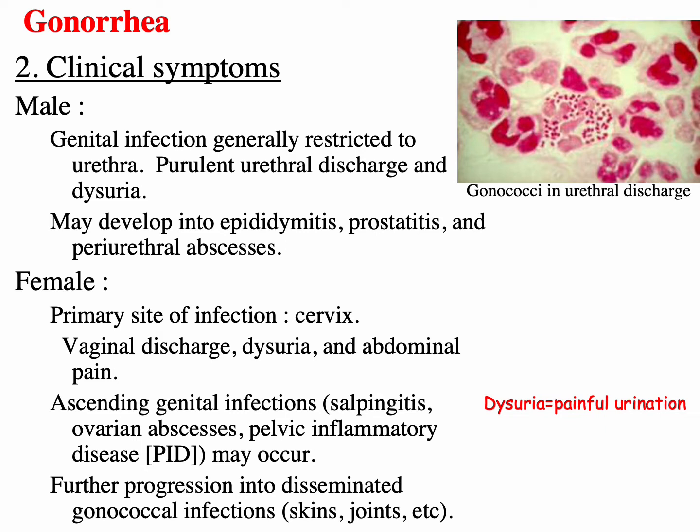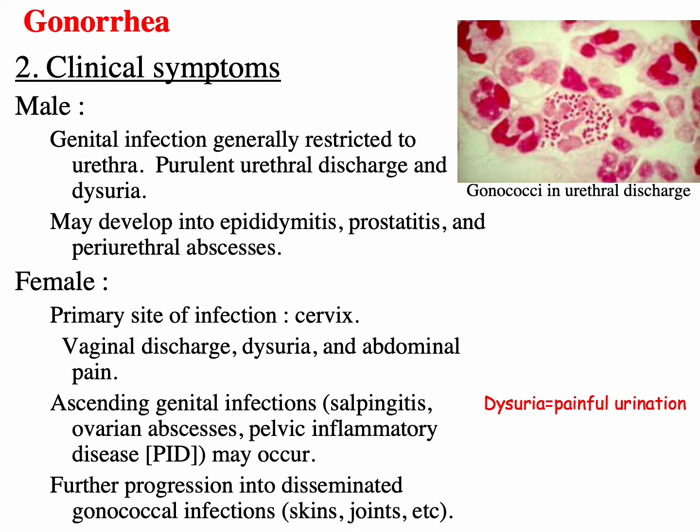In females, the primary site of infection is the cervix. Females will also have discharge and dysuria, and also complain of abdominal pain.